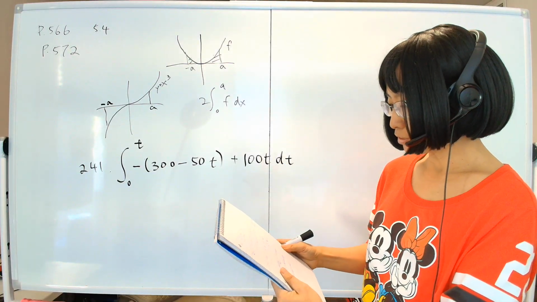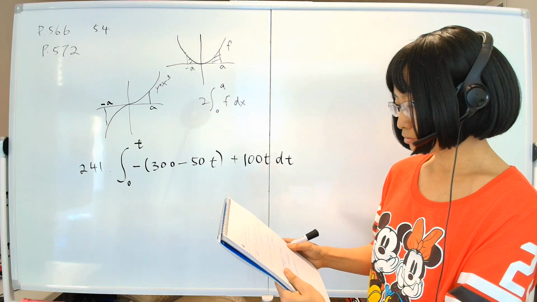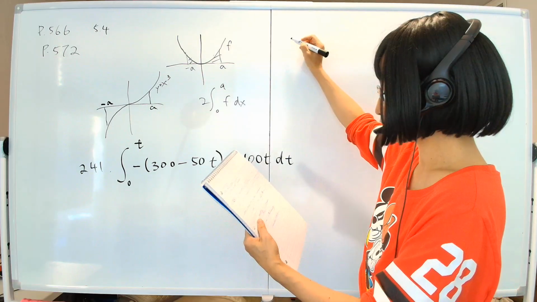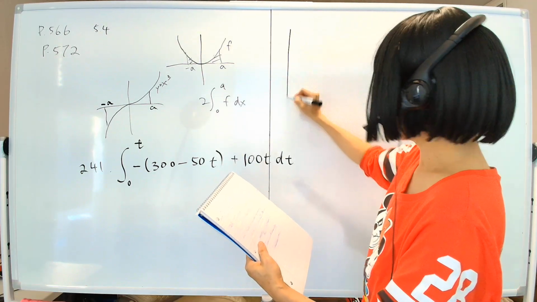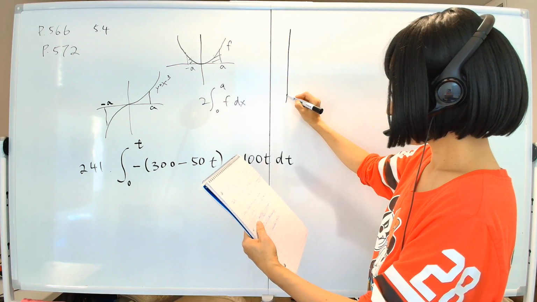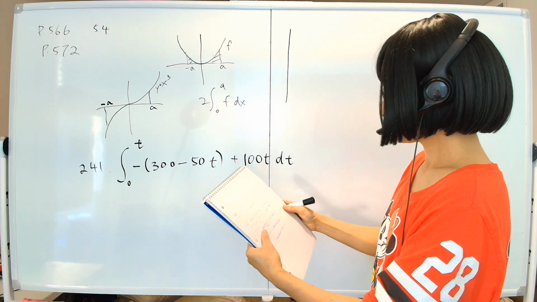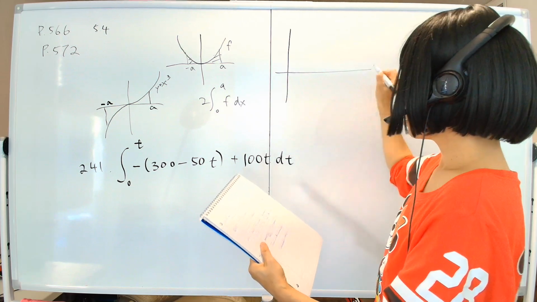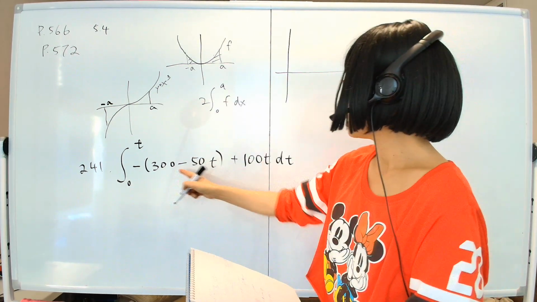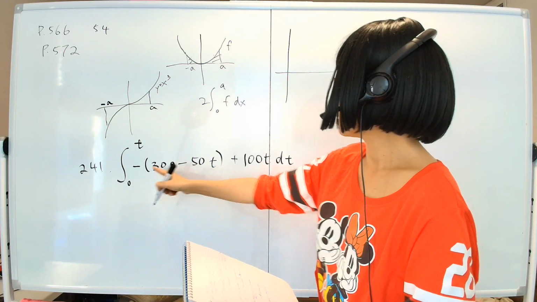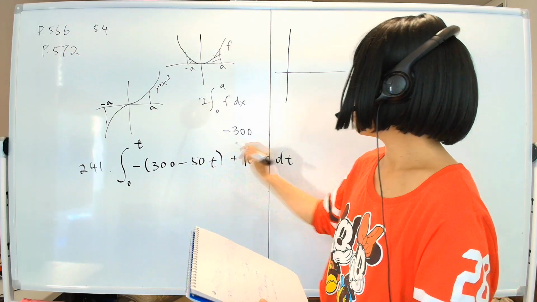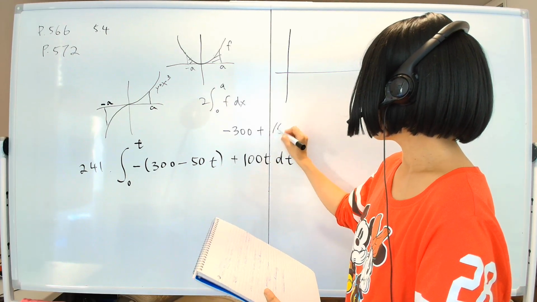I'm not sure if I should show you how to integrate or just do the graph. Let's do the graph because it's more fun, even though we're not, strictly speaking, integrating. So what's happening here is that this whole thing becomes 300 minus 300 plus 50. So you have minus 300 plus 150t.